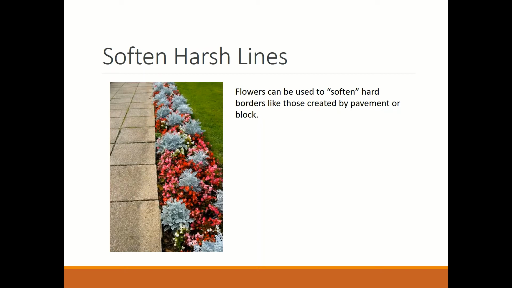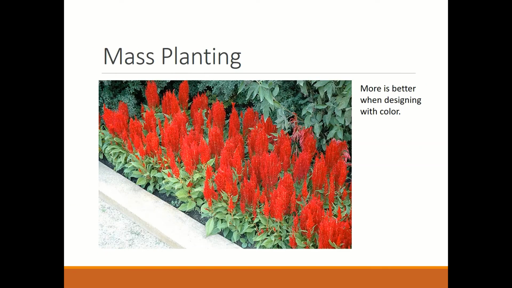And then alongside that, you have a flower bed that is softening the border of that hard surface. Like I mentioned earlier, more is always better when designing with flowers, when designing with color. So always mass plant flowering plants so that you get maximum effect.